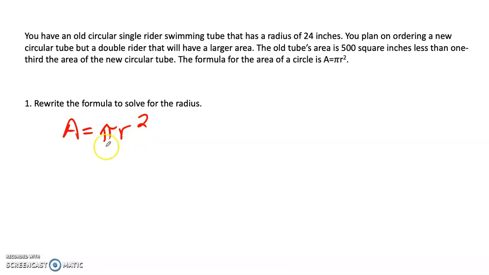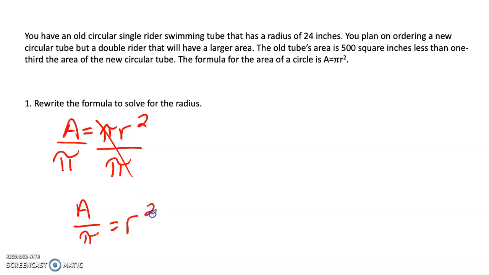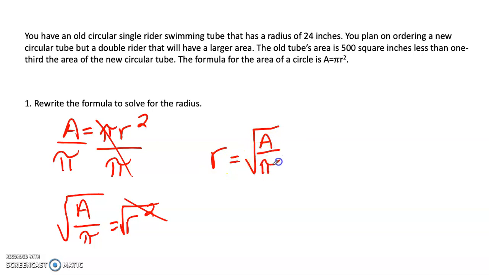If the radius squared is being multiplied by pi, I'm going to start off by doing its inverse and dividing by pi on both sides. In order to get rid of the square, I'm going to take square roots on both sides. So to get r by itself, r is the square root of the area over pi.